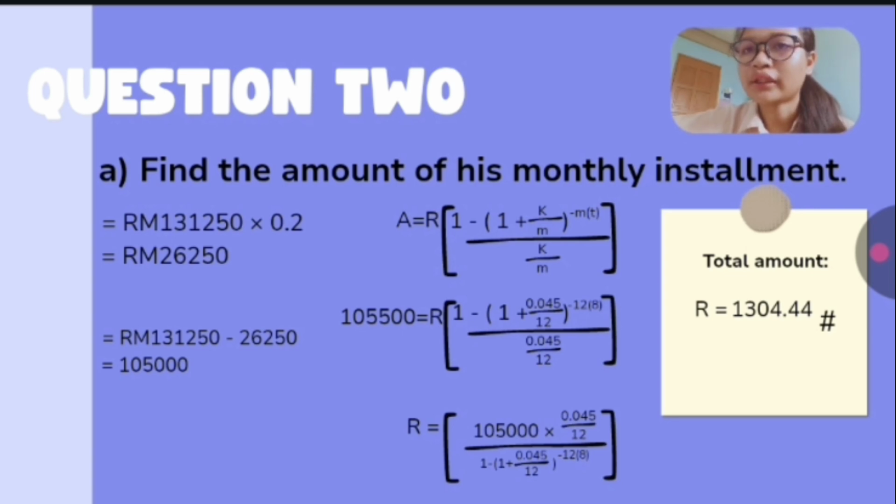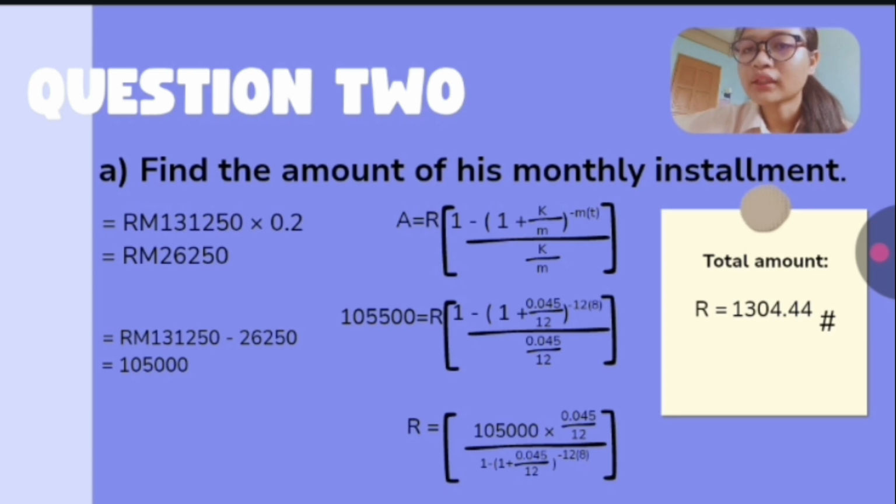This is the formula to calculate the amount of Mr. Wong's monthly installment. The formula is A equals R times bracket 1 minus bracket 1 plus K per M bracket to the power of minus MT bracket, per K per M. A is 105,000 equals R times bracket 1 minus bracket 1 plus 0.045 per 12 bracket to the power of minus 12 times 8, per 0.045 per 12.